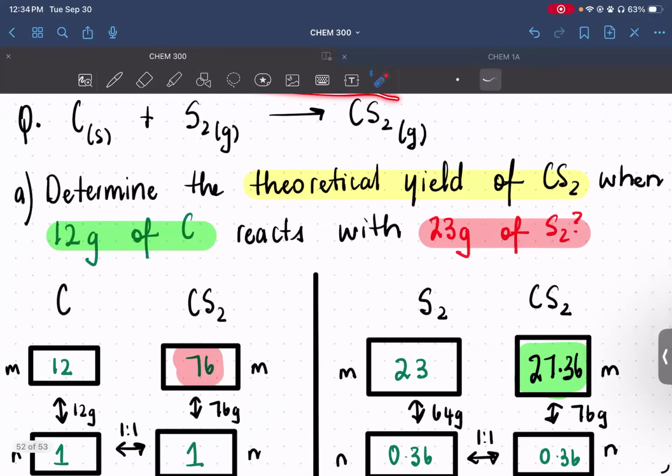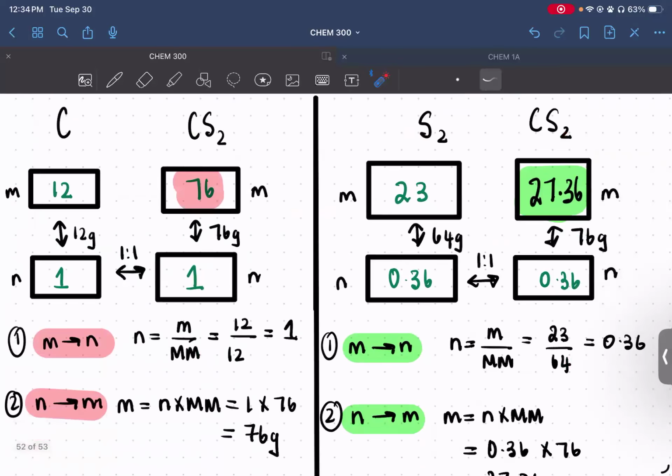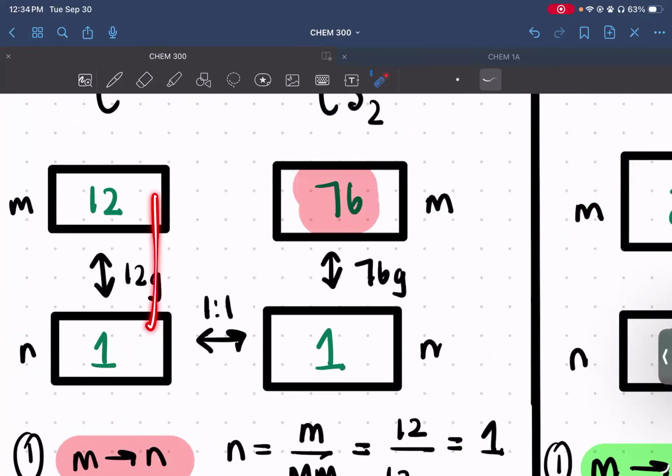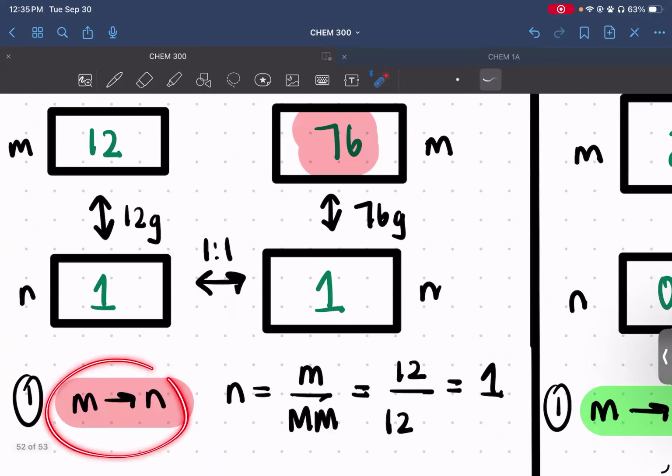Yes, we checked our equation in the beginning, and as is, it was balanced, so everything is 1 to 1 to 1. For the first one, on the left, it's 1, and then for the second one, it's 0.36. Because we had to evaluate, we had to go per reactant. We had to say 12 grams of carbon, based on the mass, gives us 1 mole. That's where that 1 comes from.